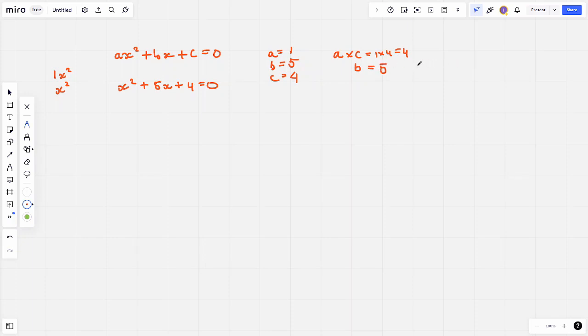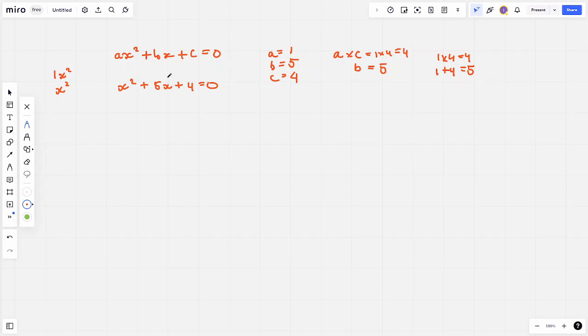So the question is, what two numbers, when you times them, equal 4, but when you add them, equal 5? So if you think about your simple times tables, you've got 1 times 4 equals 4, and then when you add it, 1 plus 4 equals 5. So you know you've got a positive 1 and a positive 4. So what does that mean?